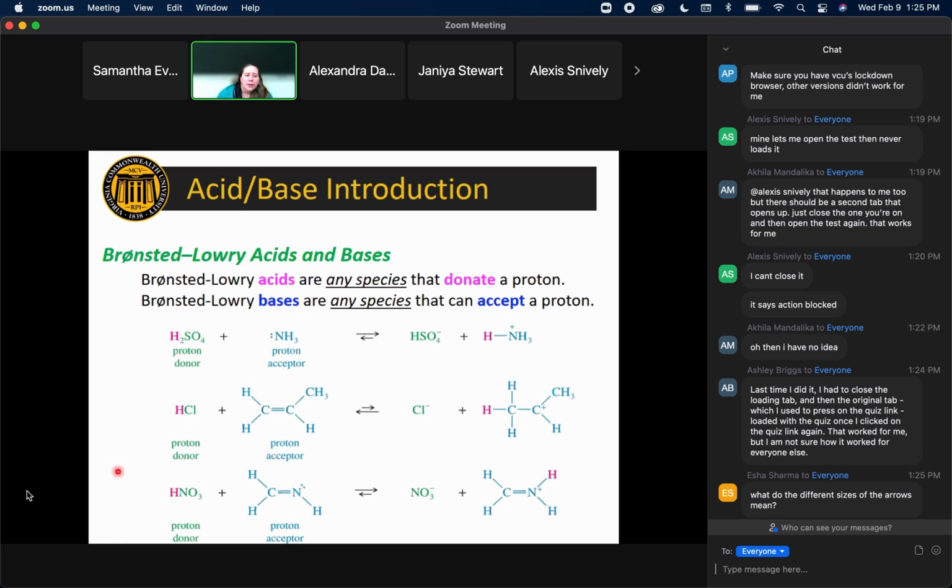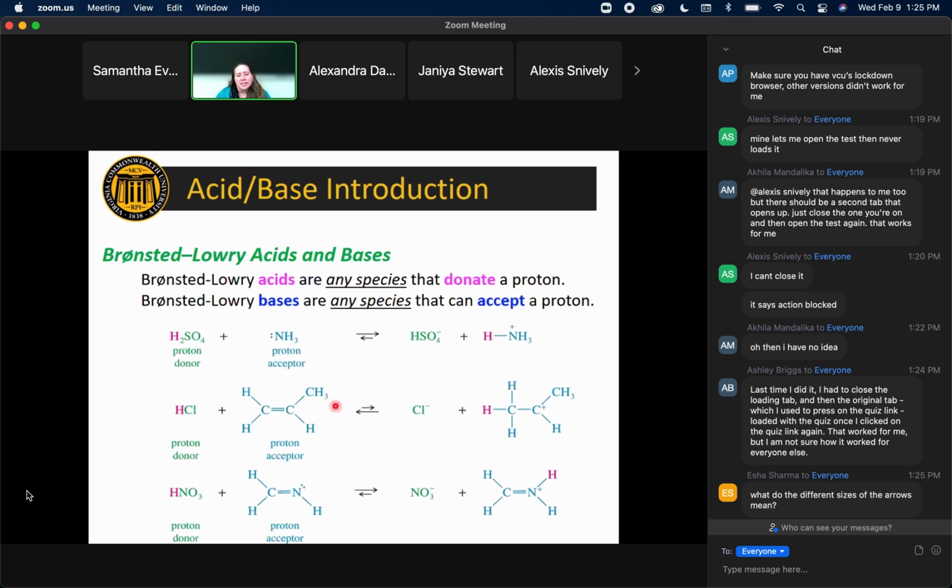All right. Someone has asked in the chat box, what do the different sizes of arrows mean? These are equilibrium arrows, and the sizes indicate which way the equilibrium favors. In this top case, the products are favored, meaning that this is a strong acid and a strong base, and this reaction goes very far in this direction.